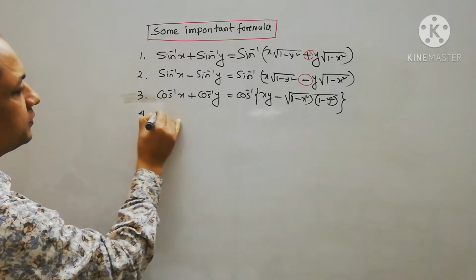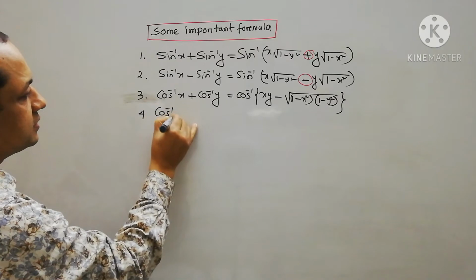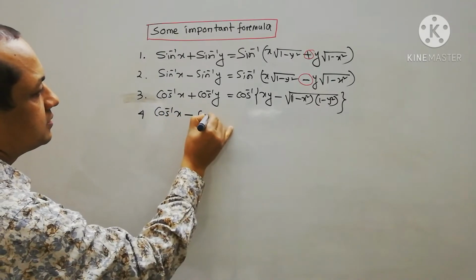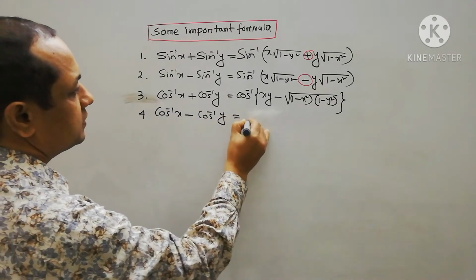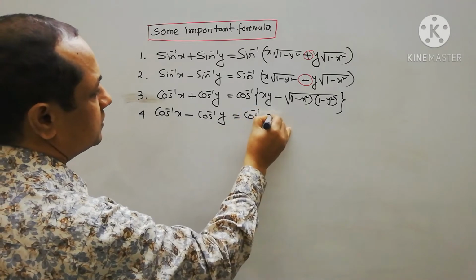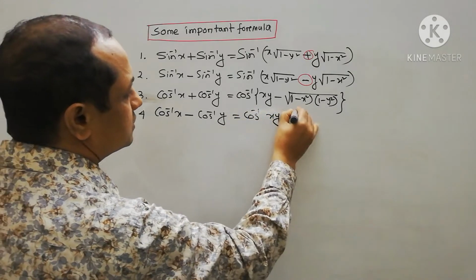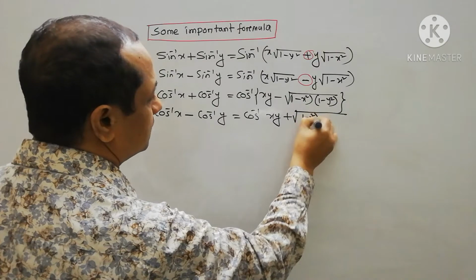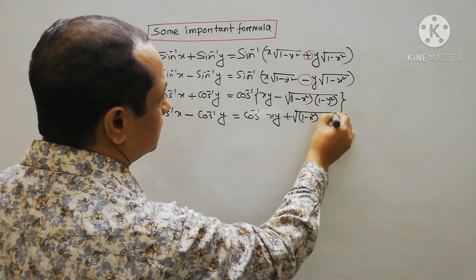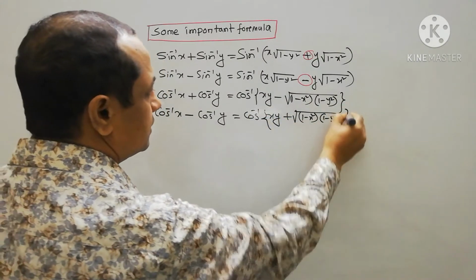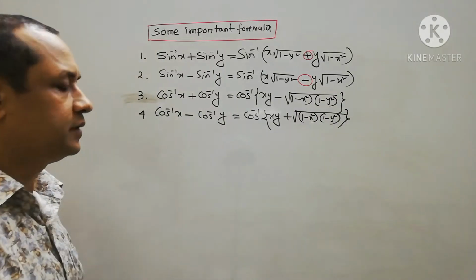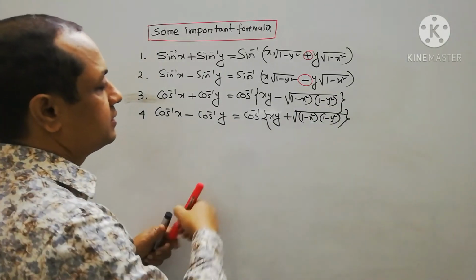Similarly, 4: cos inverse x minus cos inverse y equals cos inverse of xy plus root over 1 minus x square into 1 minus y square. This is the formula. Here plus or minus.